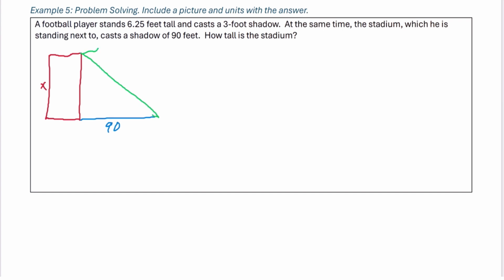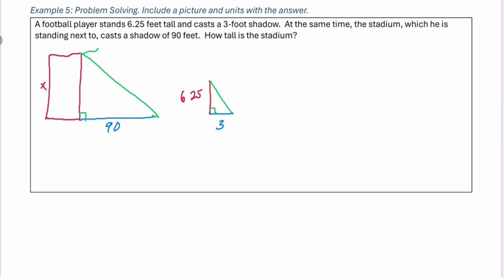We can draw a triangle to help us set this up. And we have a player that is 6.25 feet tall. We know his shadow is 3 feet. Let's draw a triangle for that as well.